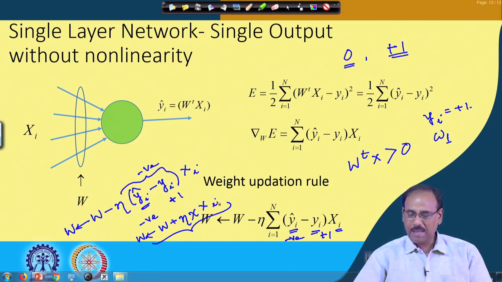right. In the same manner, if I assume that yi is 0, for which this yi hat should be negative because it belongs to the other class.